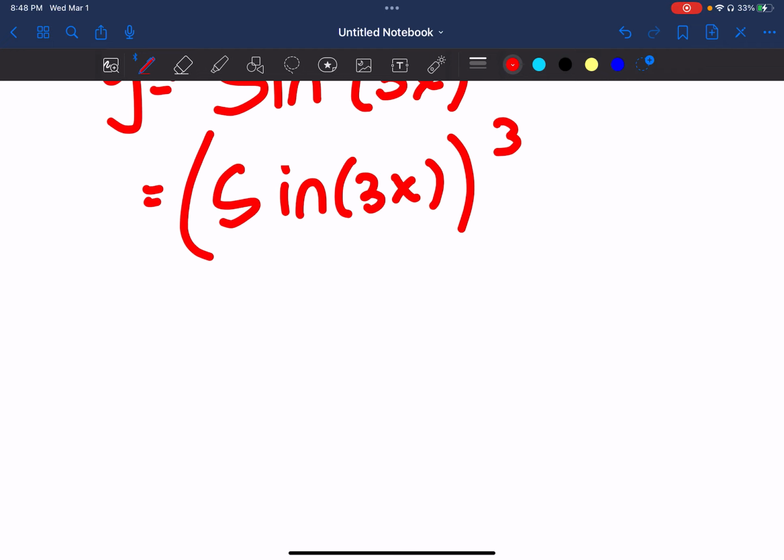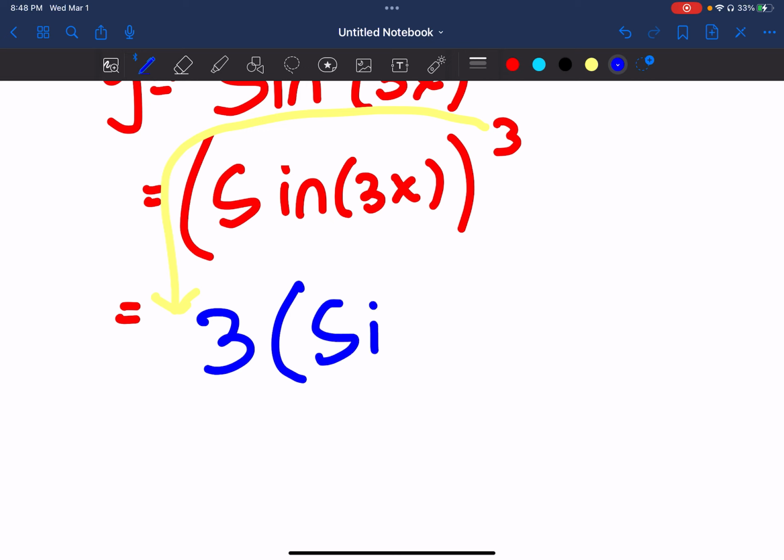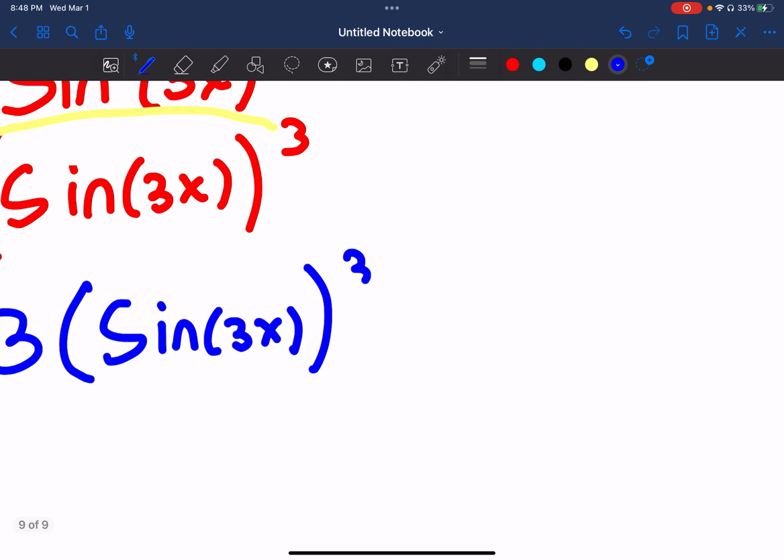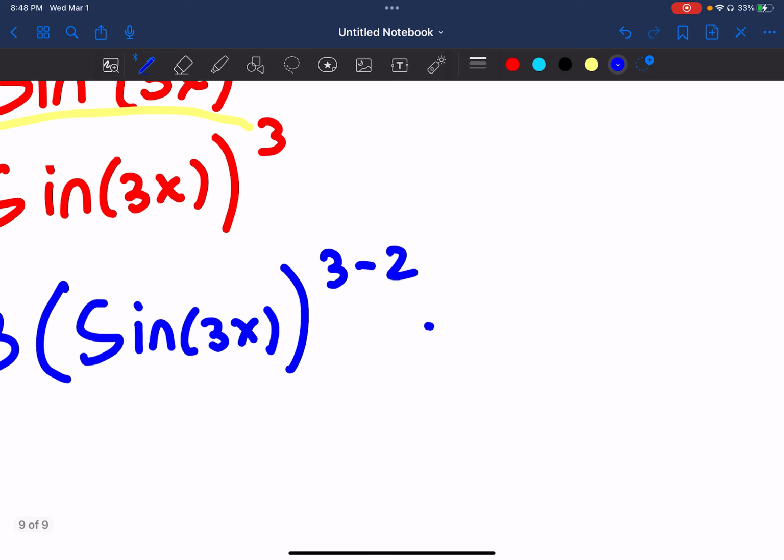And now to find the derivative of this, it's going to be the chain rule. So we'll bring the power down in front of it, right? So it should leave us with 3 times what's inside the bracket, sine 3x, and then 3 minus 1, which is 2, and then multiply by the derivative of the inside of the bracket.